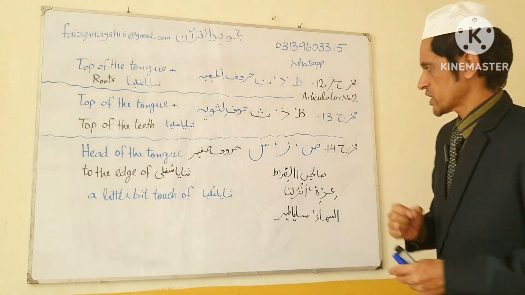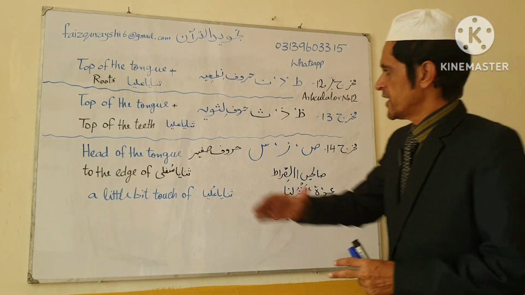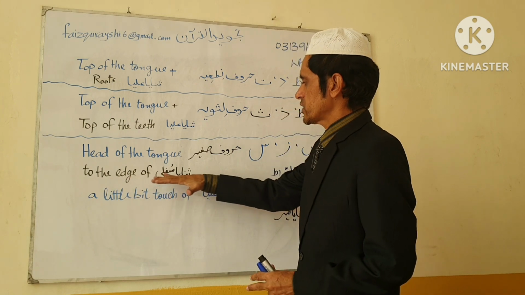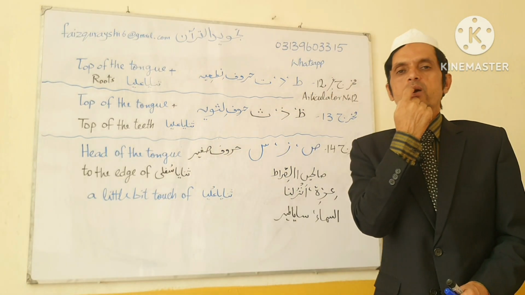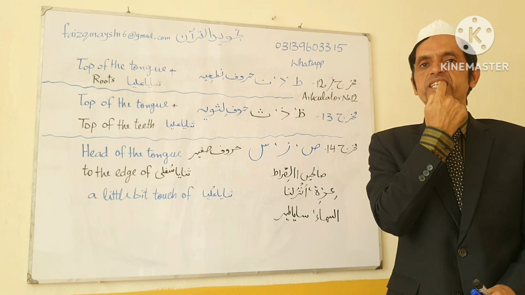And what is the articulation point? How can you articulate these three letters? Head of the tongue to the edge of thanaya sufla. Now you see, one is the top of the tongue, but one is the head of the tongue, the complete head.